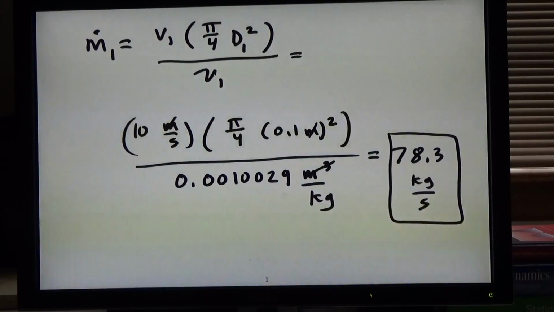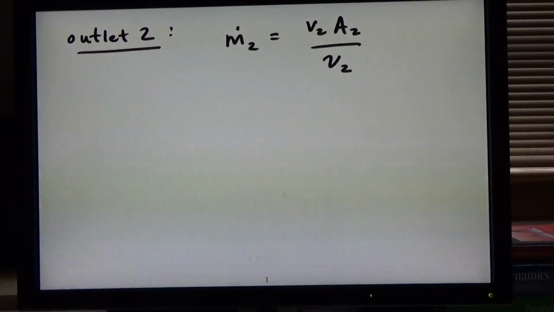So that answers the first question, mass flow rate at the inlet. Now what we want to do is look at outlet 2 and outlet 3, and see if we can do the same thing, just solve for the mass flow rate. Looking at outlet number 2, if we write our equation, m dot 2 is equal to velocity times area divided by specific volume.